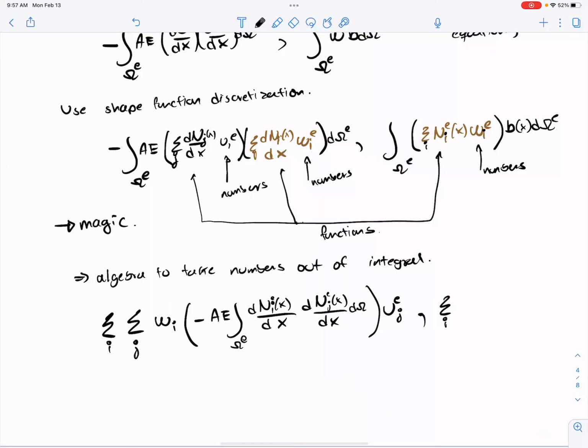And the other one, I'm going to end up with a sum over I of Wi times the integral of NIE x dx.